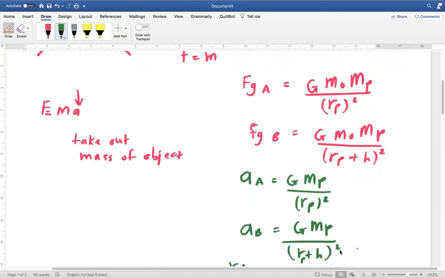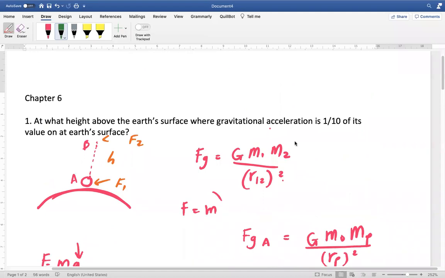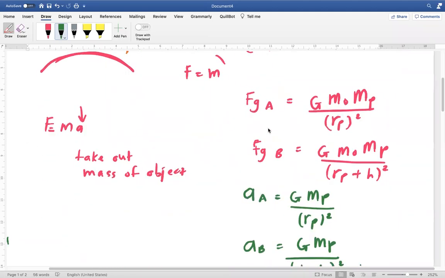Okay, so cakap what is the height so that the ratio between these two accelerations is 1/10. So 1/10, kita nak tahu is it acceleration B over A ataupun acceleration A over B. Okay, let's read the question again. At what height above the Earth's surface where the gravitational acceleration is 1/10? Maksudnya it's B over A is 1/10, right?